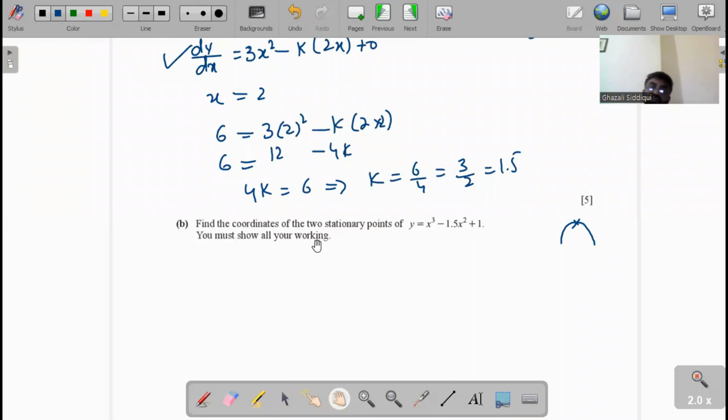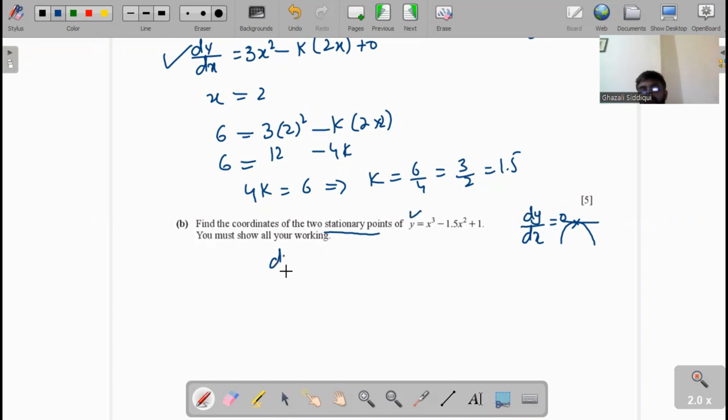Next part is find the coordinates of the two stationary points of y equal to x cubed minus 1.5x squared plus 1. You must show all your working. Now, at the stationary points, the gradient of the curve is 0. When the gradient of the curve is 0, it means dy over dx equal to 0. Therefore, we differentiate this equation.